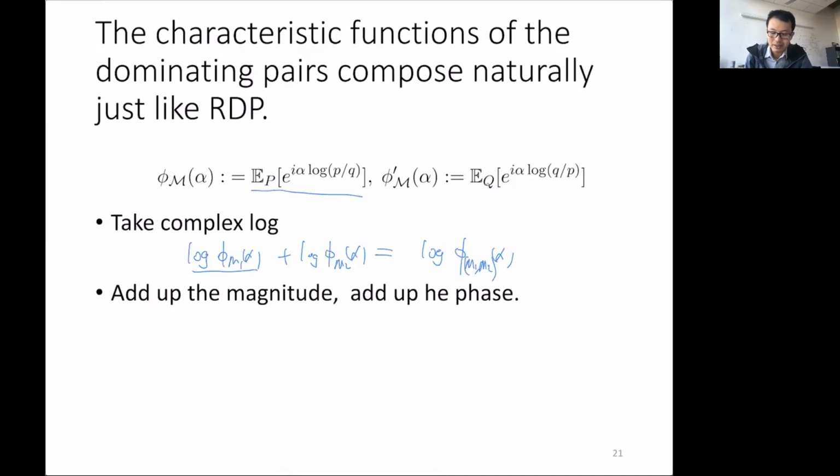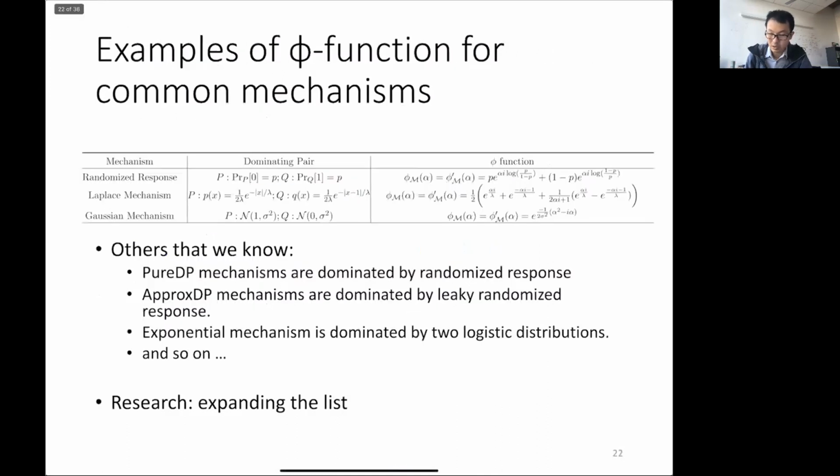And numerically, each complex log would return two things: one is a magnitude, the other is a phase. So the log of the magnitude would add up, and the phases become just angles, and the angles will add up, and then you take the modulus with respect to 2 pi, since sometimes it goes over a circle.